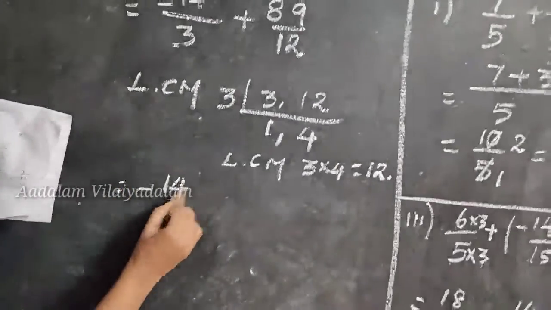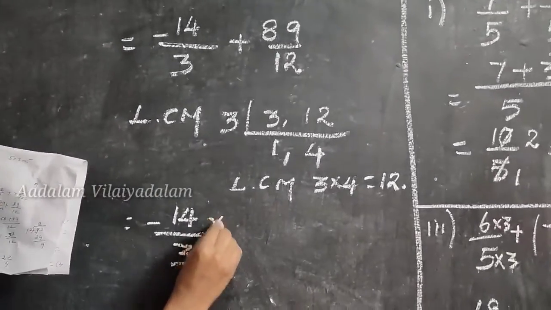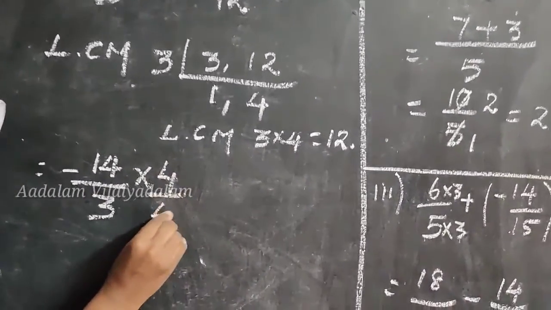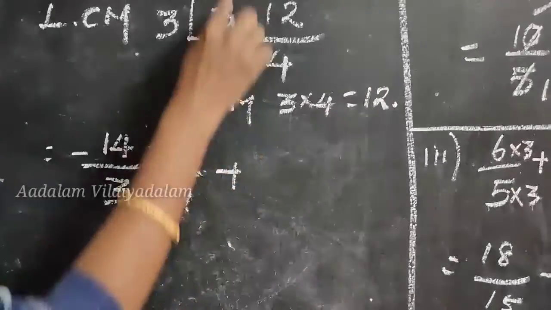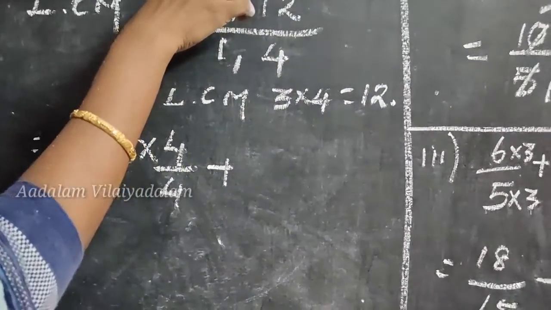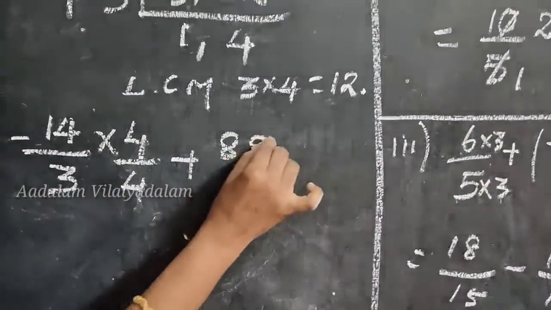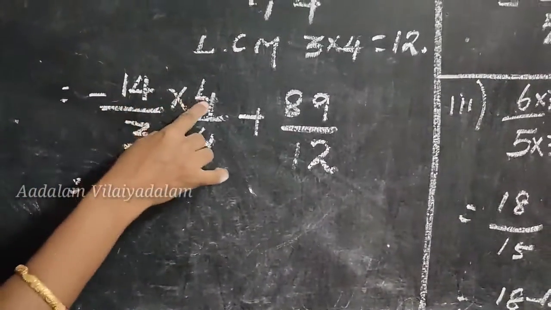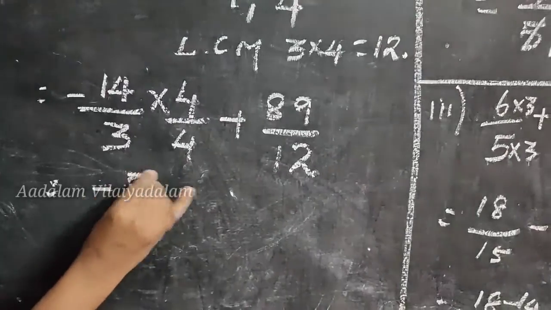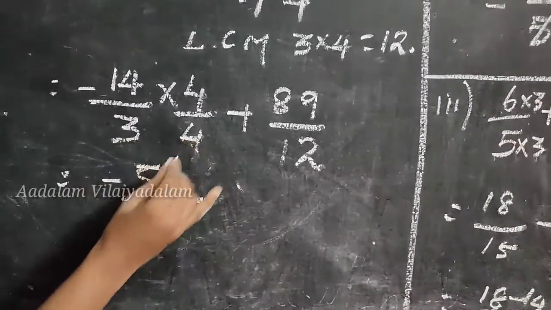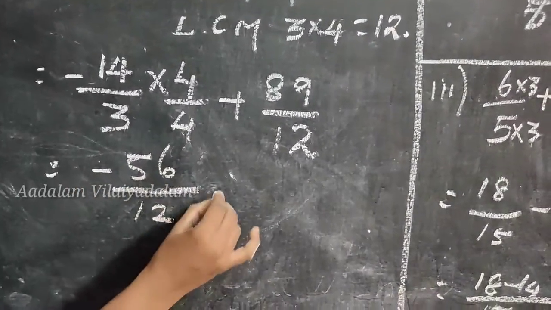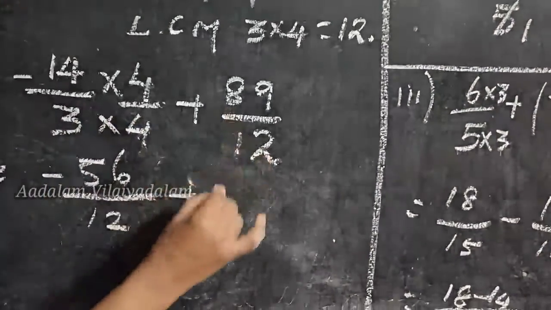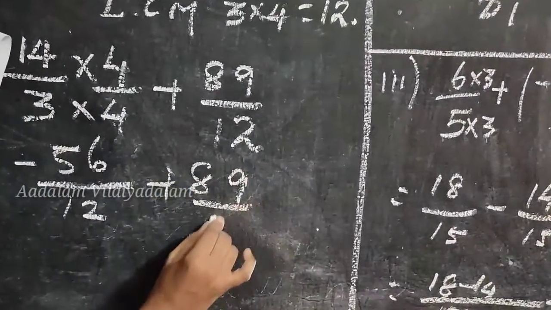So minus 14 divided by 3, multiply by 4 and divide by 4 also. The second one, the denominator value is 12, so write it as it is. So 89 divided by 12. So minus 14 fours, the answer is minus 56 divided by 3 fours are 12, plus 89 divided by 12.